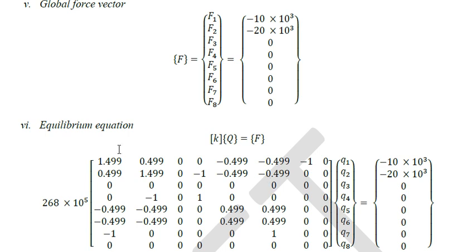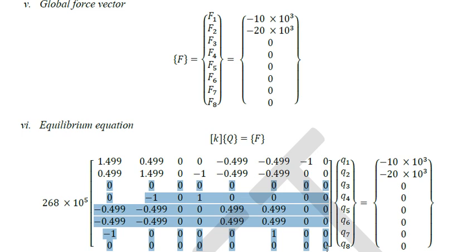Okay. Now after substituting, we will have this equilibrium equation. So Q3, Q4 arrested, Q5, Q6 arrested, Q7, Q8 arrested. So eliminate third row, fourth row, fifth row, sixth row, seventh row, eighth row. Similarly, third column, fourth column, fifth column, sixth column, seventh column, eighth column. All these arrested.